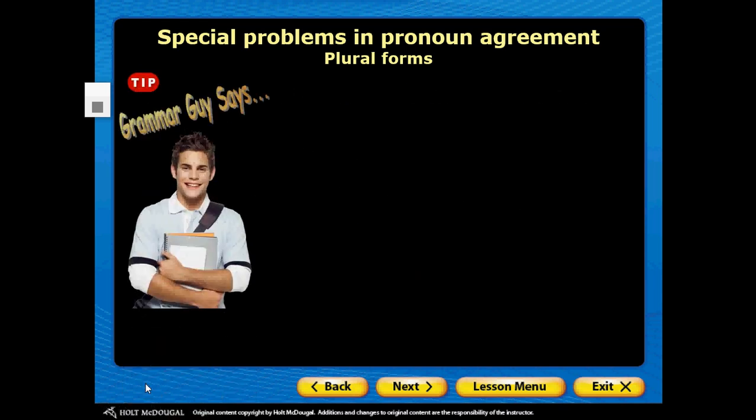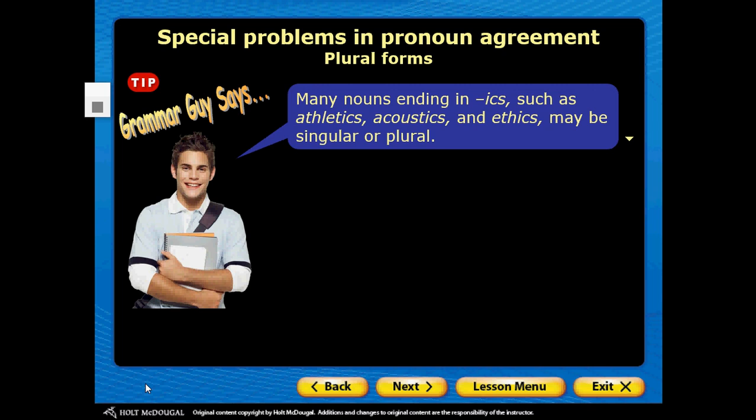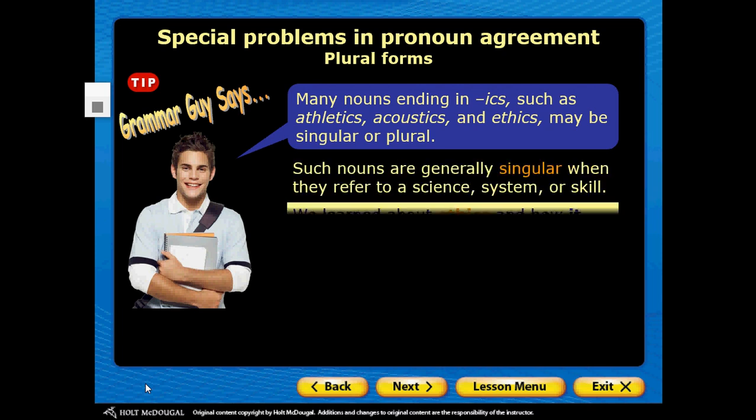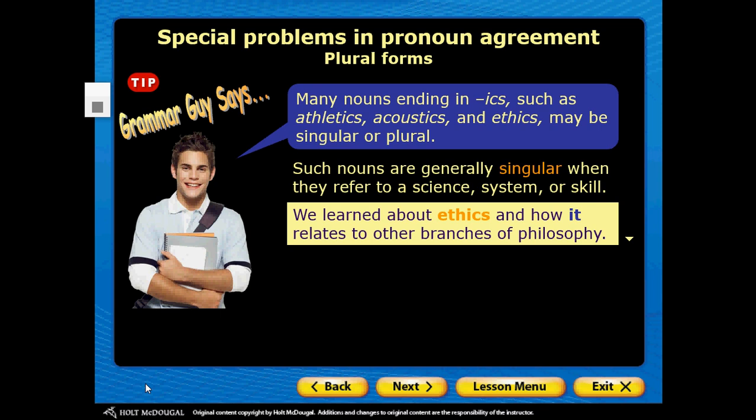So let's have a look at the tip here. Grammar Guy says, many nouns ending in ICS, such as athletics, acoustics, and ethics, may be singular or plural. Such nouns are generally singular when they refer to a science, system, or skill. We learned about ethics and how it relates to other branches of philosophy.